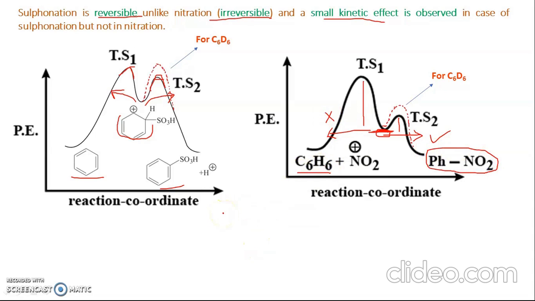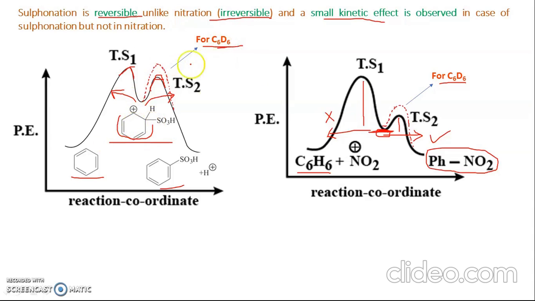Now the next point is why we observe a small kinetic isotope effect. If you look at this dotted line, which is for C6D6, suppose you have replaced all the hydrogens of the benzene ring with deuterium. Now we have 6 deuteriums, and you are doing the sulfonation reaction, and also the nitration reaction. The same sigma complex will be formed for this deuterated benzene ring.